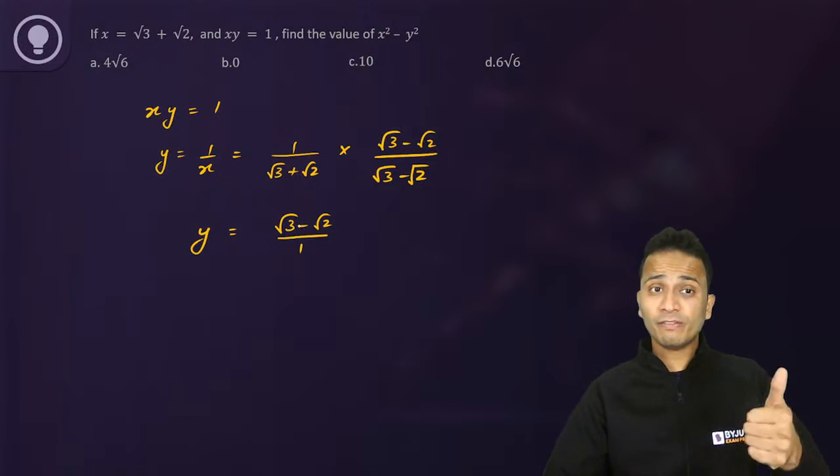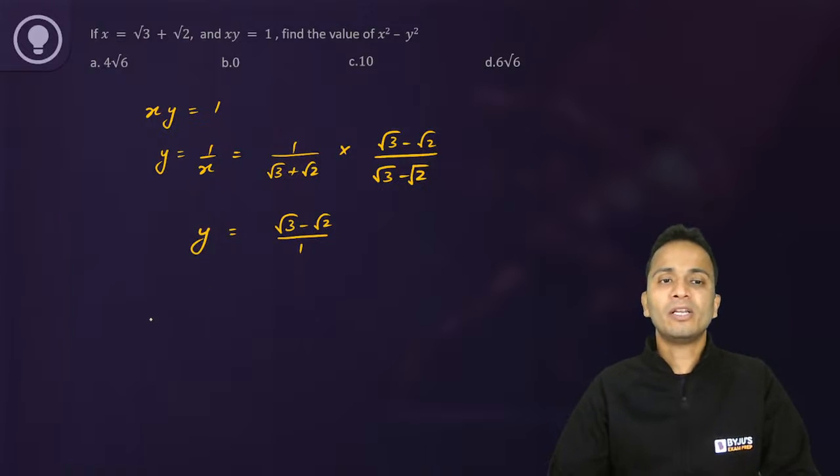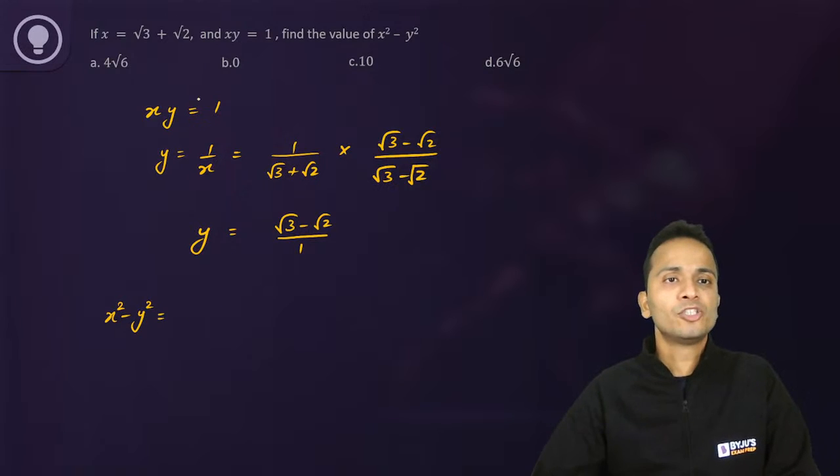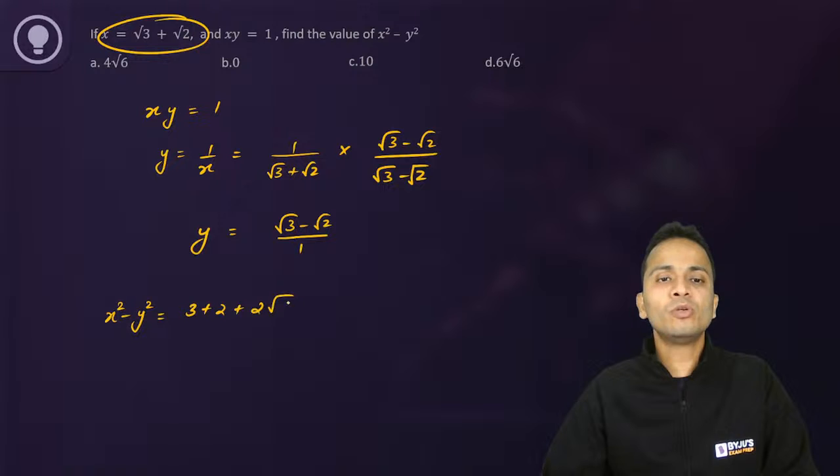Okay, so I've got the value of x, I've got the value of y. Now let's talk about x square minus y square. So this is x, when squared, it will be 3 plus 2 plus 2 root 6.